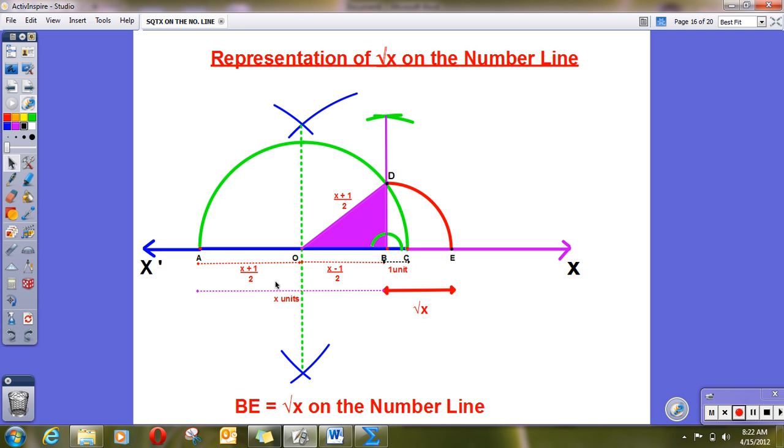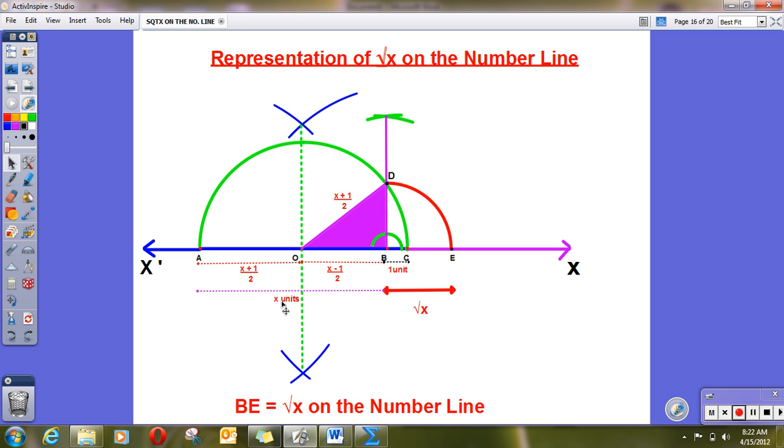Then we constructed a perpendicular on B meeting arc AC on D. We also see that in triangle OBD we have OB, which is equal to x, that is AB, minus OA.